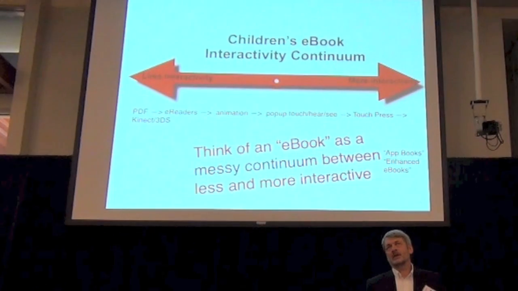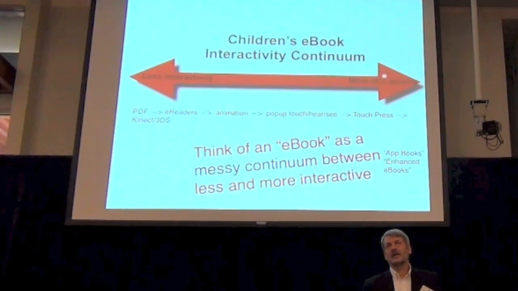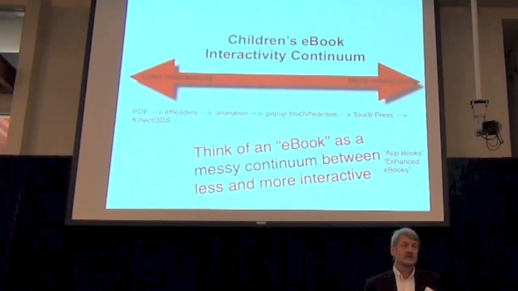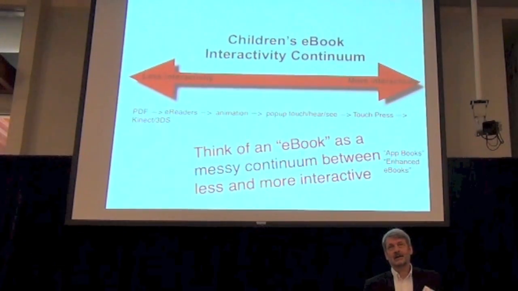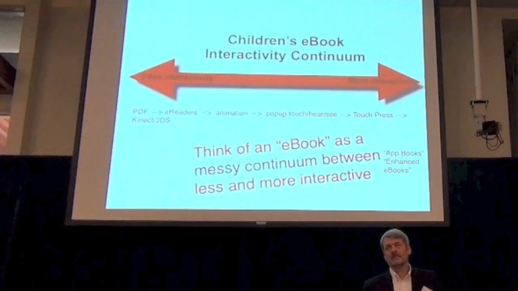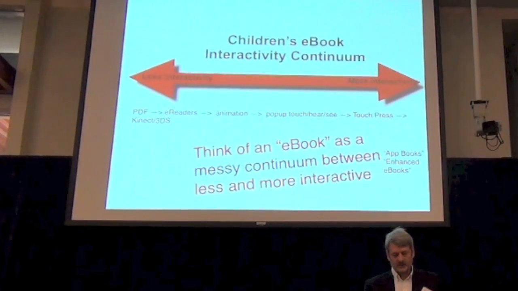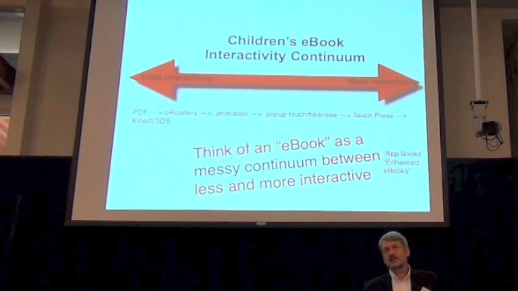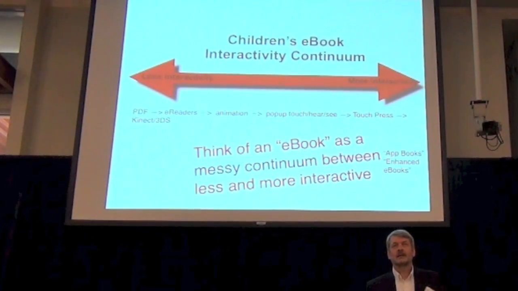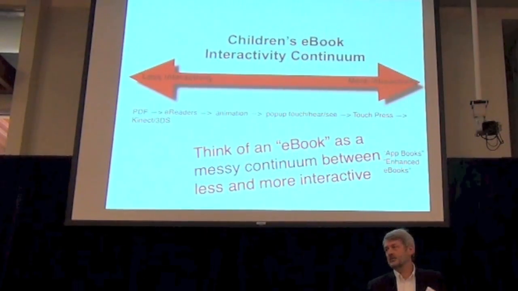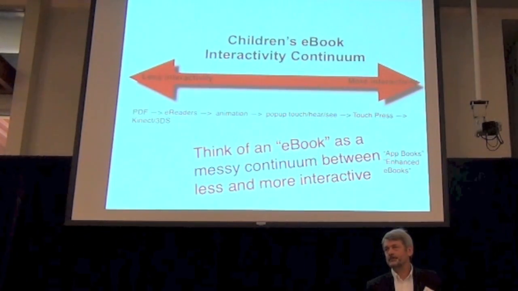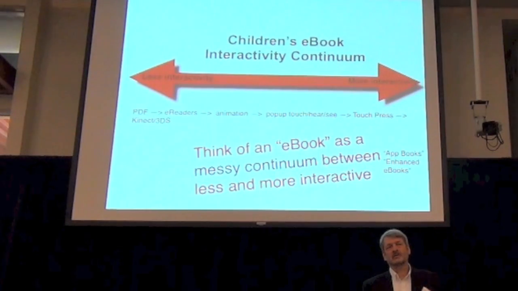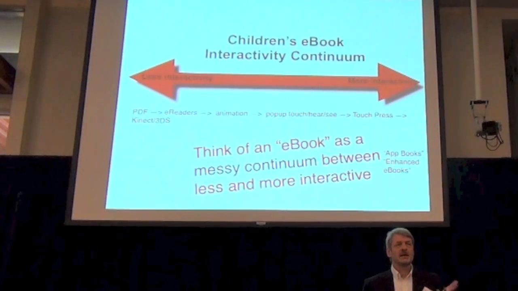In the middle, you've got all this kind of hybrid stuff, and at the very end, you've got what I would hold up as examples, such as TouchPress, and maybe, boy, there's a whole bunch of really amazing, really rich interactive kinds of experiences. So think of an ebook as a messy continuum between less and more interactive. That's one way to help. When J.K. Rowling decided to write Harry Potter, she wasn't thinking she was designing a theme park.